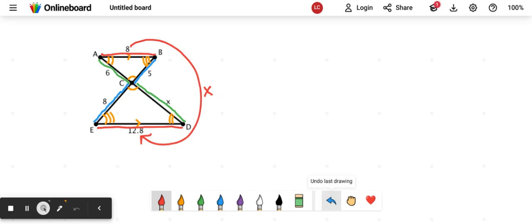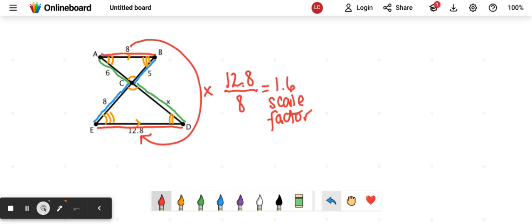So I've got a side that measures 12.8 and a side that measures 8. And so if I divide 12.8 divided by 8, I will get 1.6. So my bigger triangle is 1.6 times larger than my smaller triangle. So that's my scale factor. And I'll write that here for us.